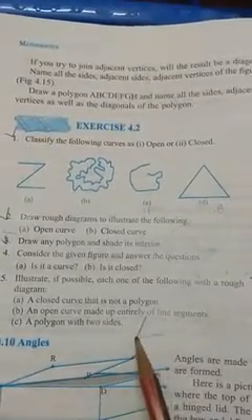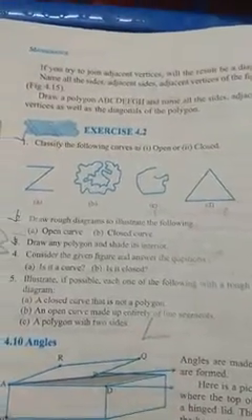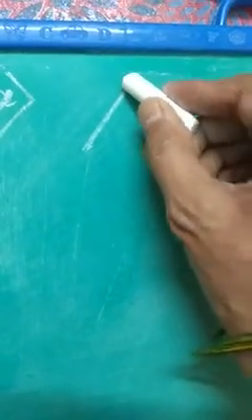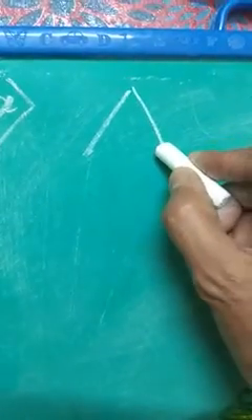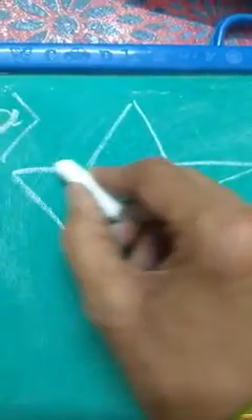This is said to be bounded by 2 sides. So use a scale and draw this. See, a closed curve that's not a polygon. See, this is a closed curve but not a polygon.